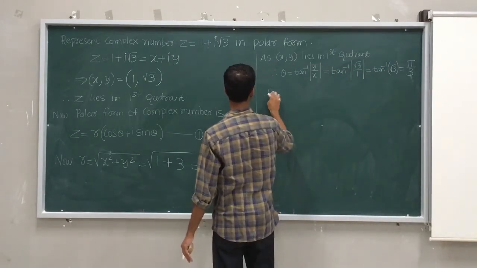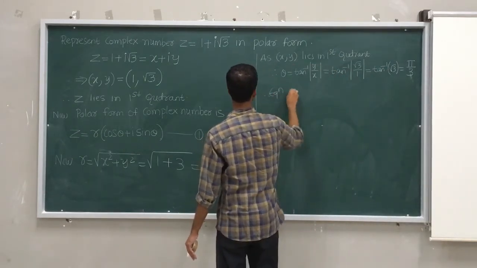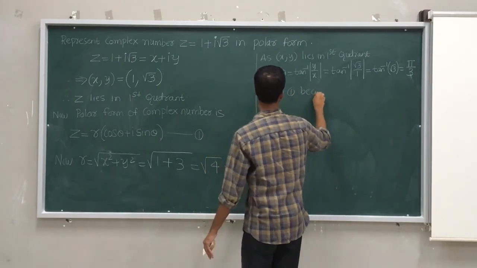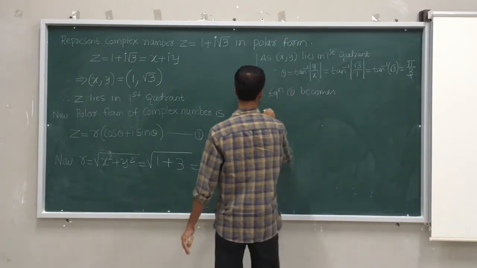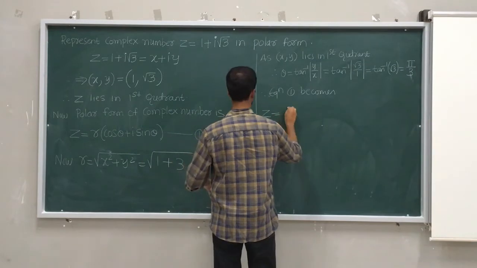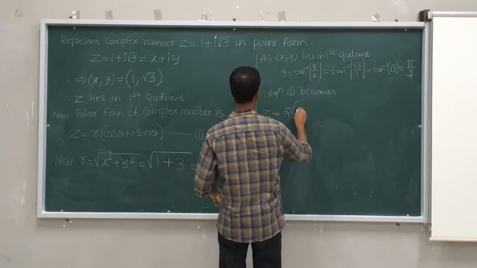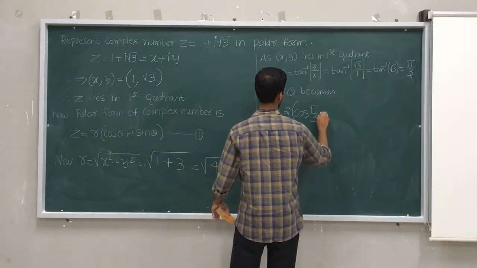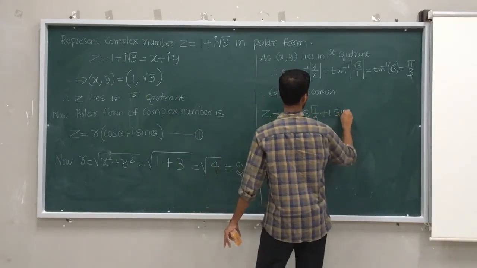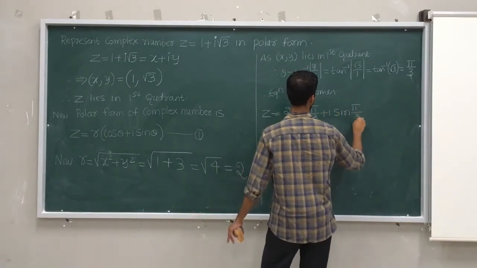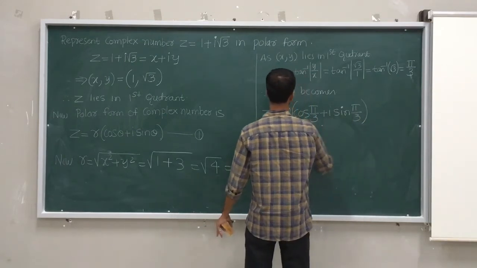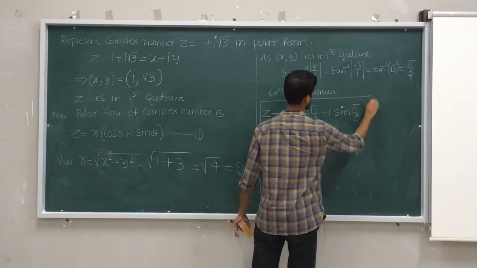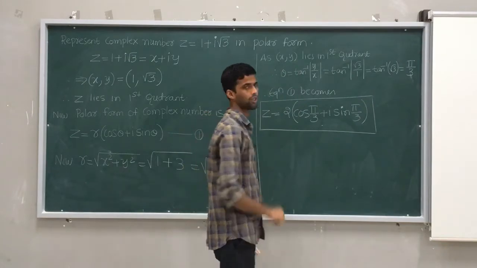Therefore equation 1 becomes z equal to r, which is 2, into cos pi by 3 plus i sin pi by 3. No need to simplify that sin pi by 3. Okay, so this is called the polar form of a given complex number.